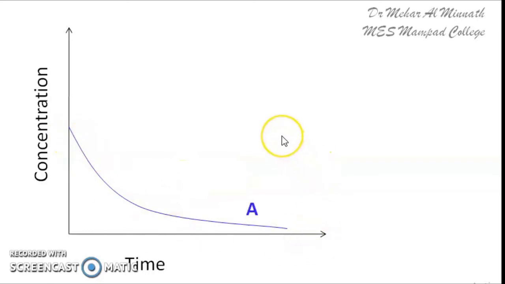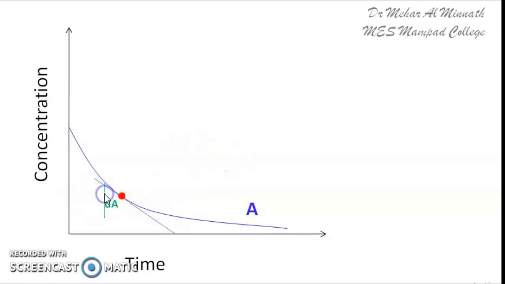Now, suppose you want to determine the rate of this reaction. You just take up a point, that is, the time at which you are going to determine the rate of the reaction. Now you draw a tangent to this point, and determine the slope of that.